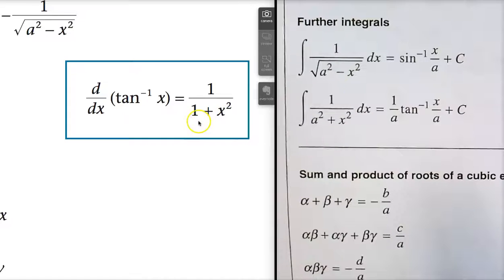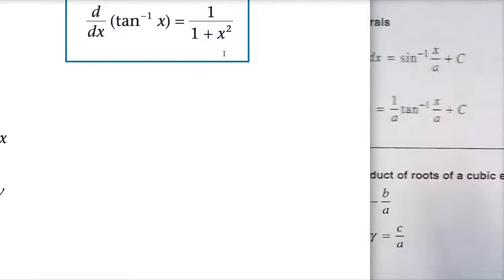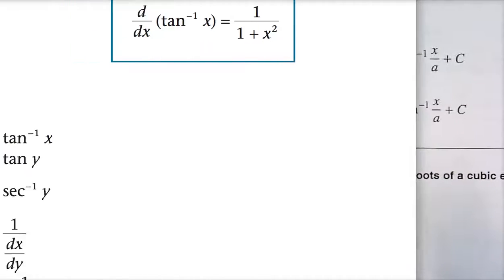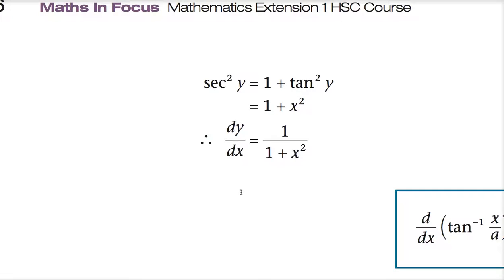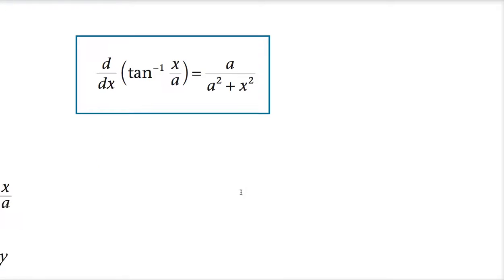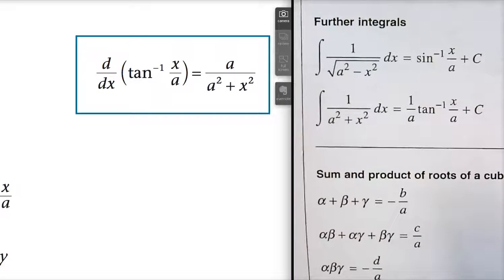Now, that's the normal one for when a is 1. They've got the proof there, similar sort of thing, with sec squared, etc. The next rule is if you differentiate the inverse tan function of x on a, you get a over, wait a sec, over a squared plus x squared.